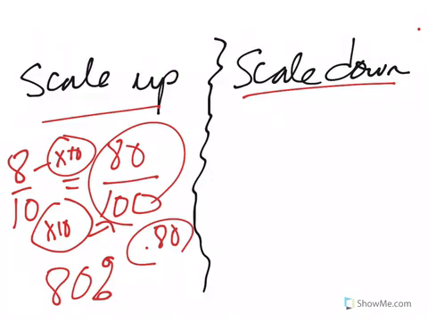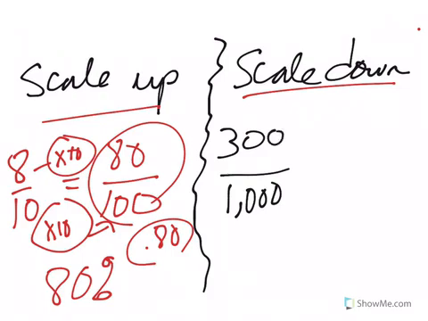We can scale down because sometimes you might do something like, say, we surveyed 1,000 people. And of those 1,000 people, we know that 300 of them say that science is their favorite subject. So we want to know what that would be out of 100.